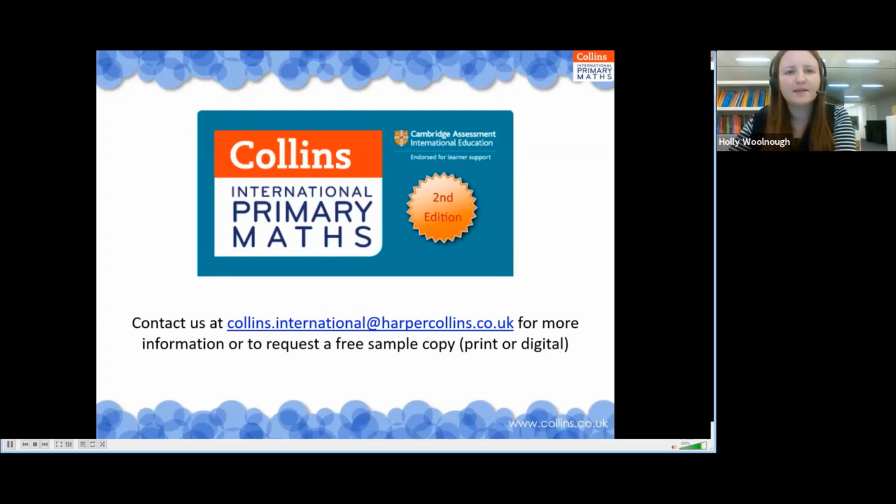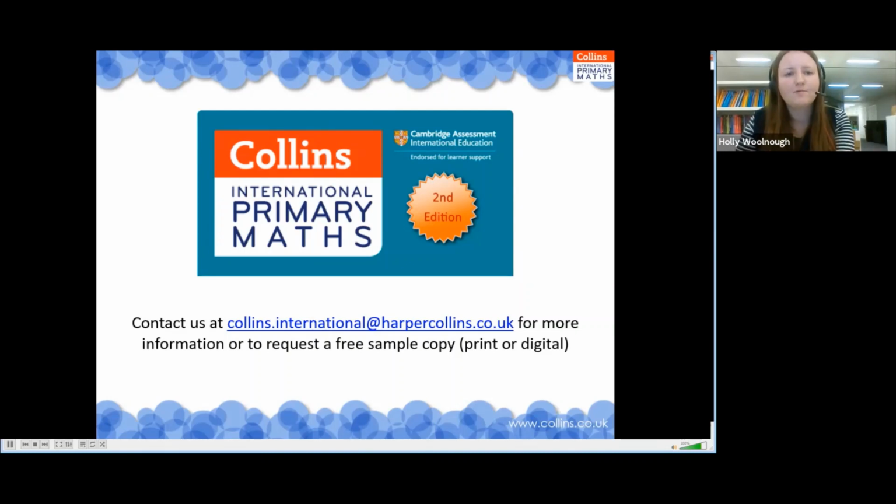So we've stuck with the structure of having a smaller workbook for stages 1 and 2, just to reflect the ability level and the kind of activities that they need to do at that stage. Obviously, as you move up the stages, there's more content to cover and more complex ideas to look at.